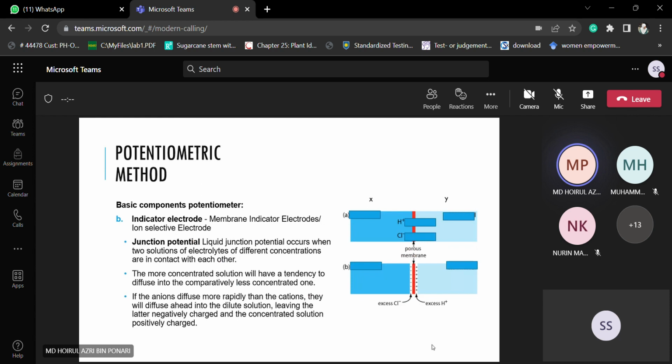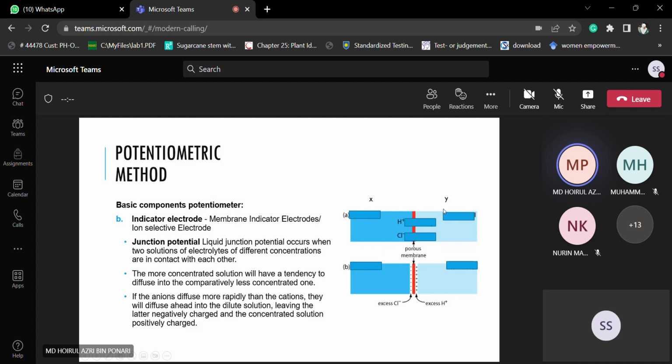These ion selective electrodes select specific ions to pass through their membranes. In this case it only selects hydrogen ions. So let's imagine we have two solutions, and these solutions are separated by very selective membranes, or porous membranes.